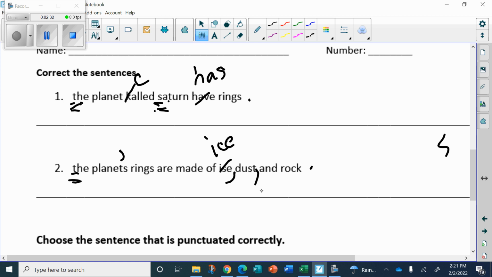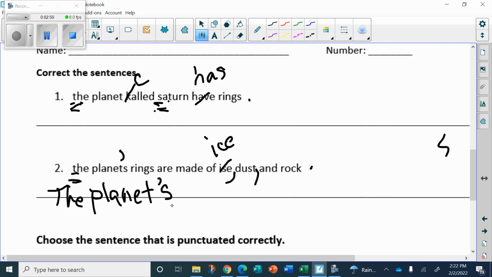All right, I want you to write the second sentence. The planet's, now remember we're showing possession, so we have to put an apostrophe S. It's only one planet.